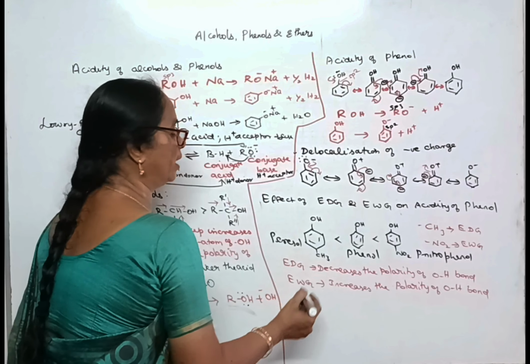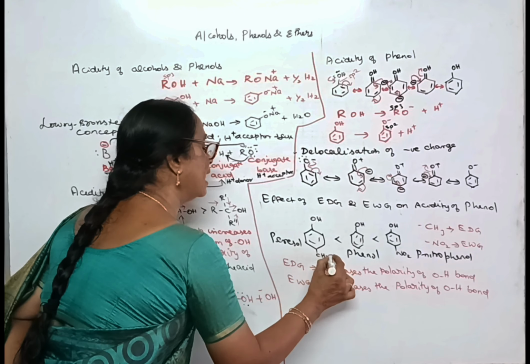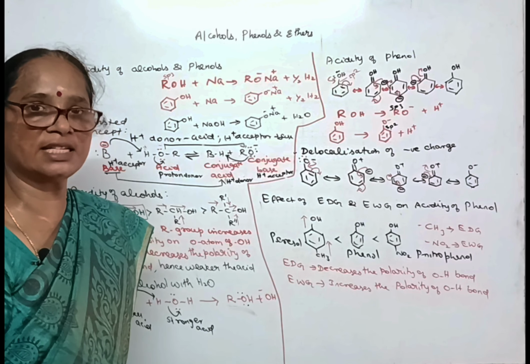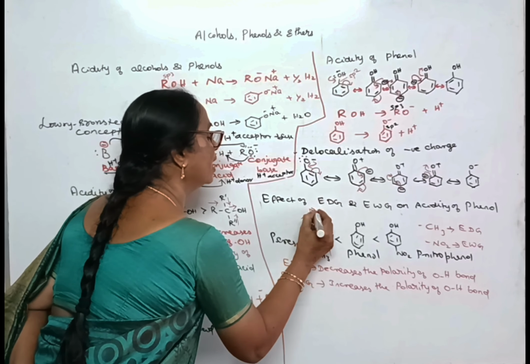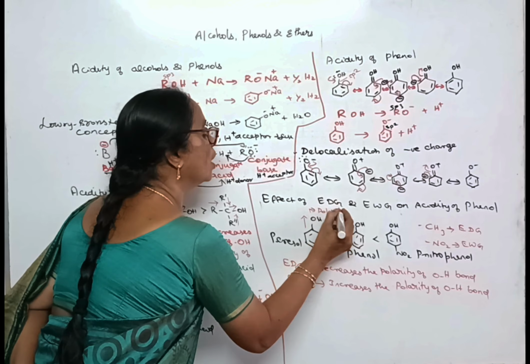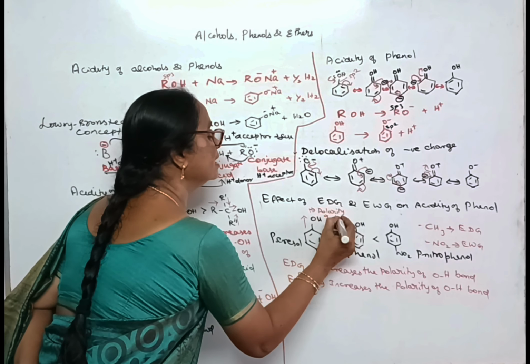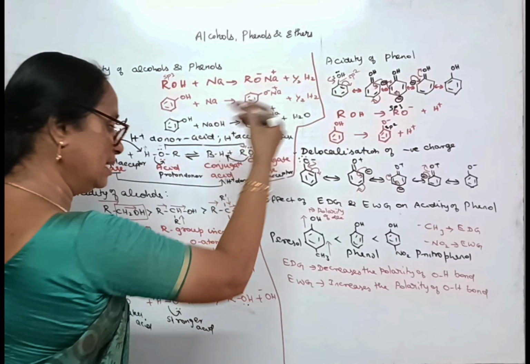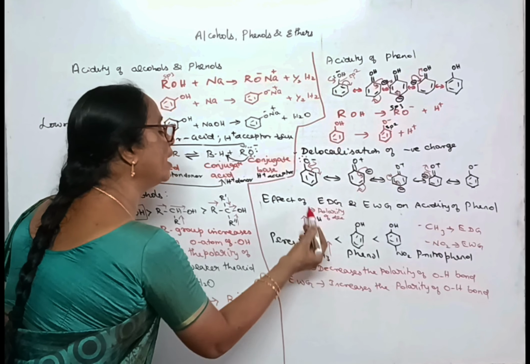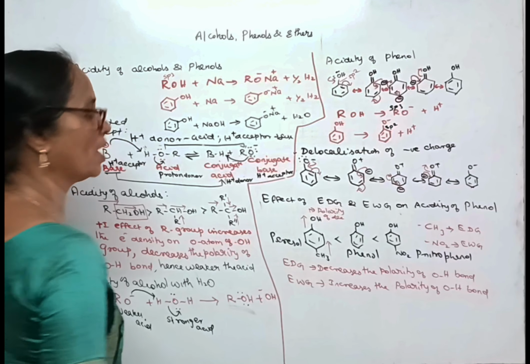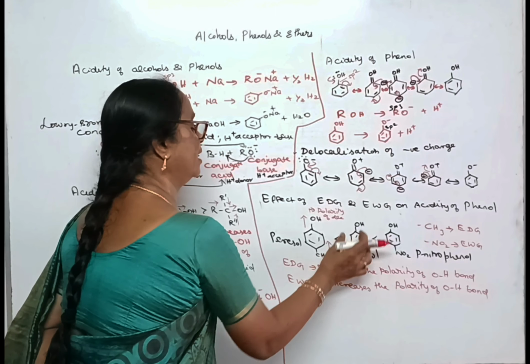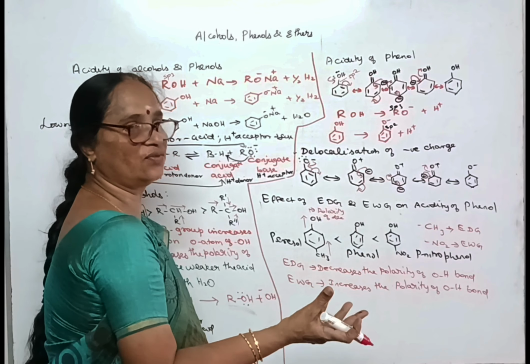CH3 is an electron donating group, so what will happen? The electrons move towards the OH bond, and hence the polarity of the OH bond decreases because the electron density of the oxygen atom is increased by the electron donating alkyl group. But in phenol, no such groups are present, and hence the acidity of phenol is not influenced.